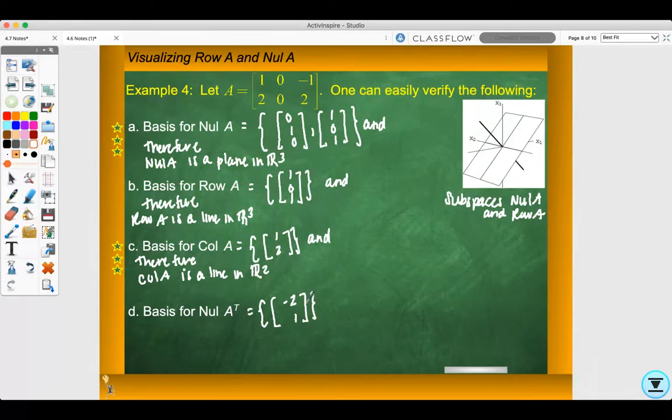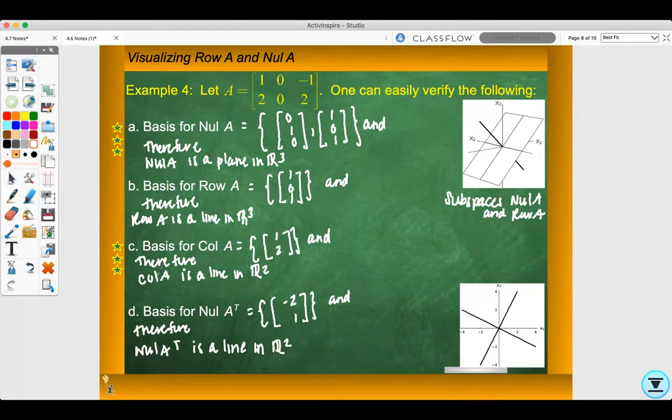And therefore, Null A transpose is a line in R2. So these are the subspaces Null A transpose and Col A.